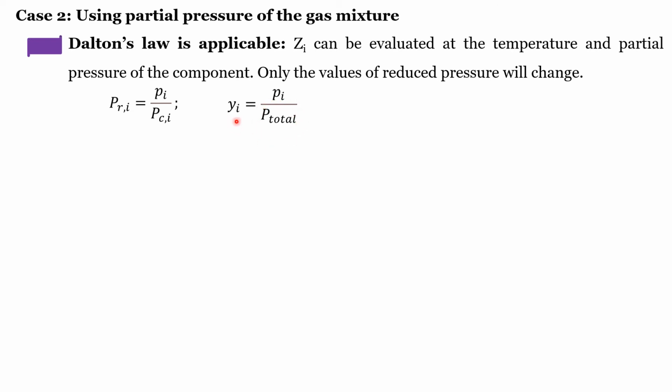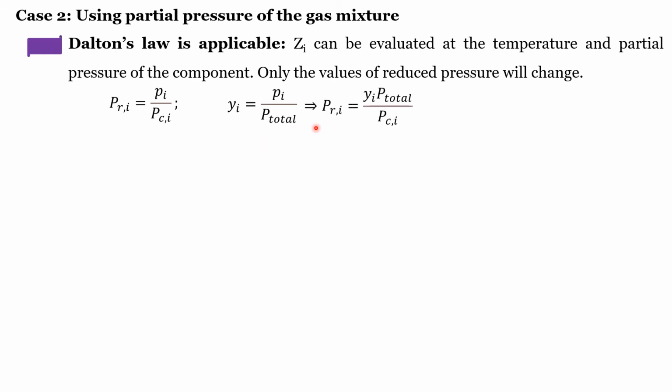So we can write mole fraction of ith component equal to partial pressure of ith component divided by total pressure, because we have to estimate this partial pressure for ith component, and in the problem yi is given, that is mole fraction, and P total for gas mixture is also given.